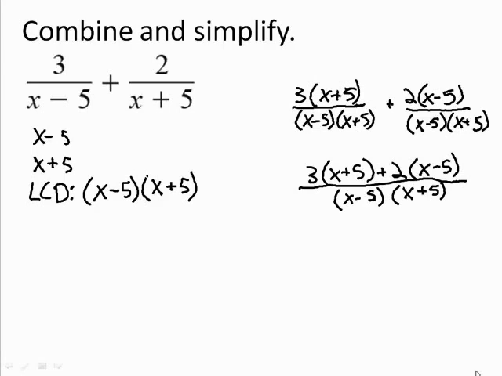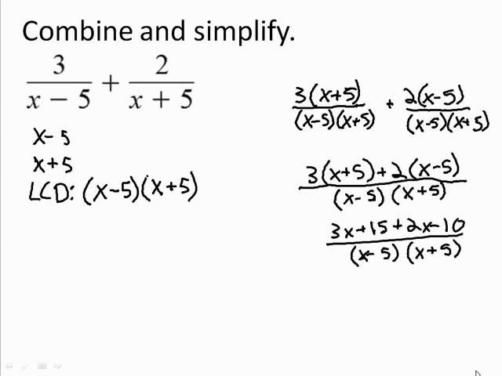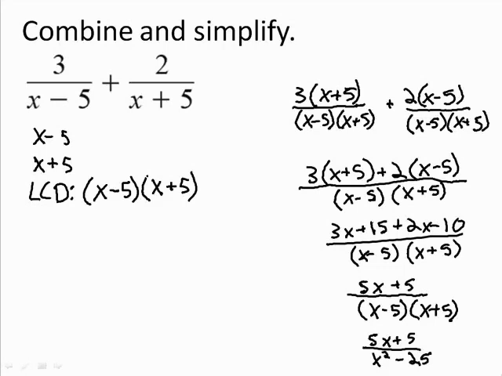Distribute the 3 to the x plus 5 and distribute the 2 to the x minus 5. 3x plus 15 plus 2x minus 10 divided by the quantity x minus 5 times the quantity x plus 5. Combine like terms. 5x plus 5 divided by the quantity x minus 5 times the quantity x plus 5. The quantity x minus 5 times the quantity x plus 5 equals x squared minus 25. The simplified expression is 5x plus 5 divided by x squared minus 25.